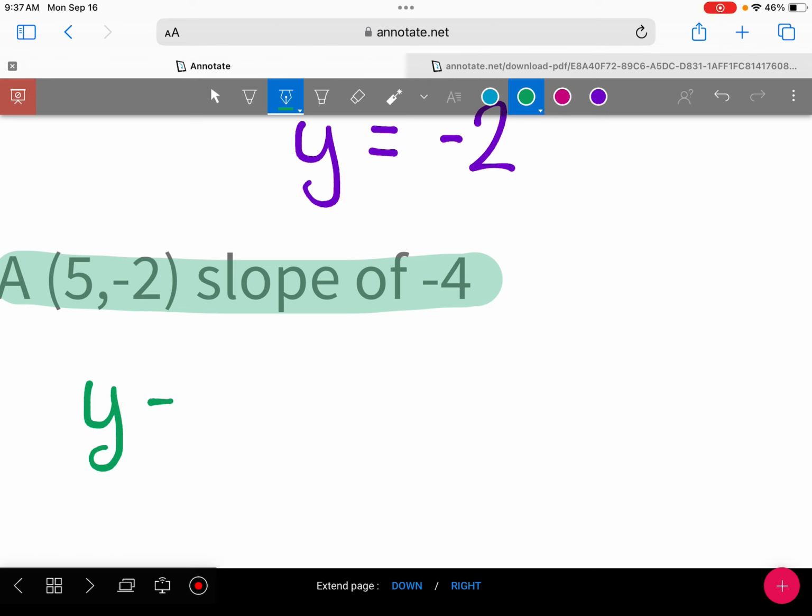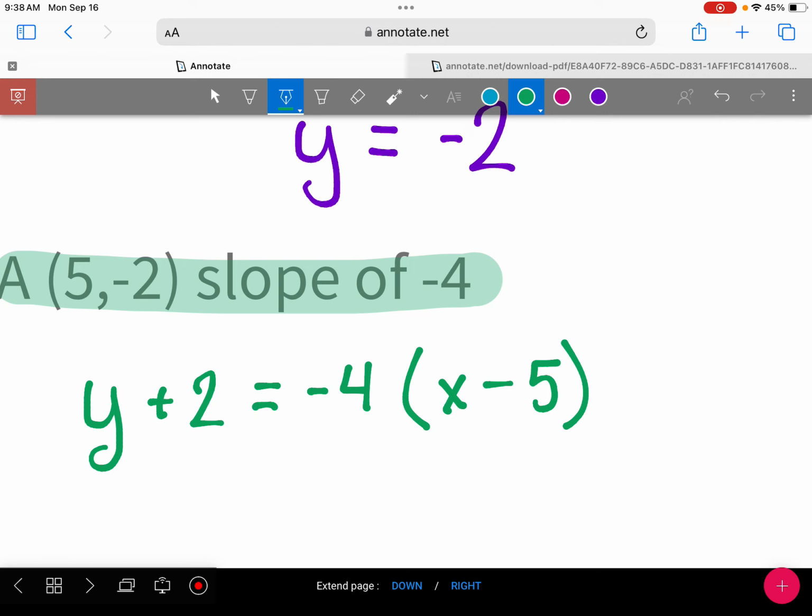So y minus negative 2 becomes y plus 2 equals our slope of negative 4 times x minus 5. That's in point slope form.